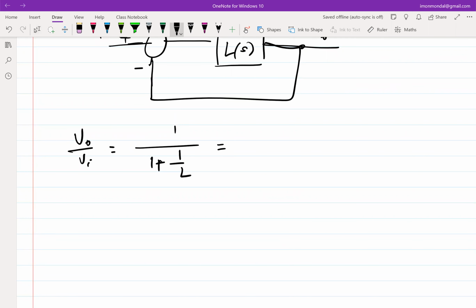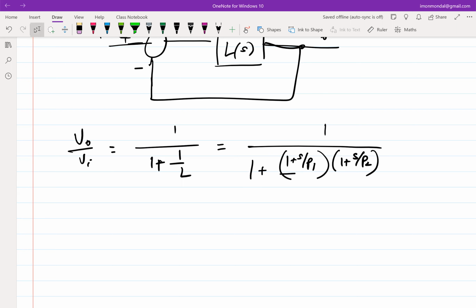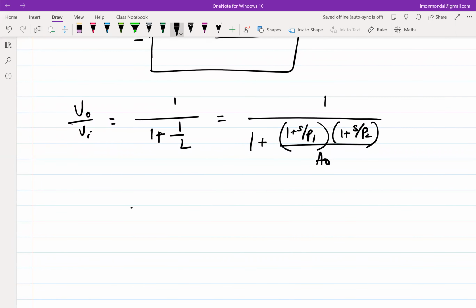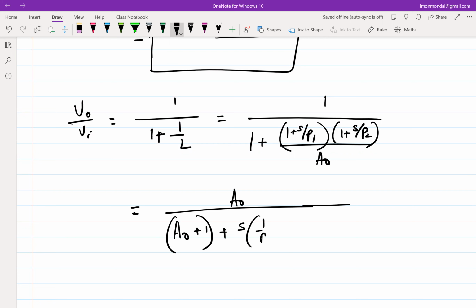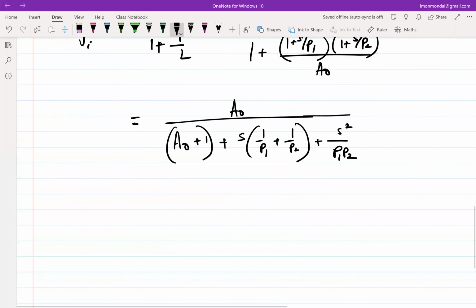So this becomes 1 plus, 1 plus S by P1. Fine.